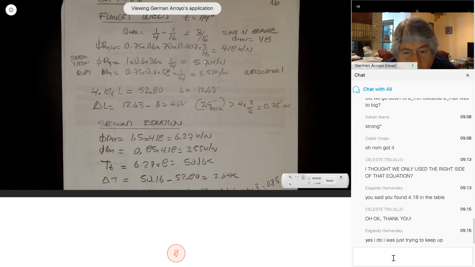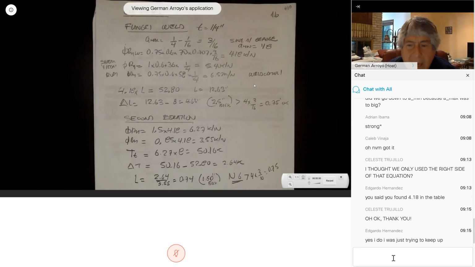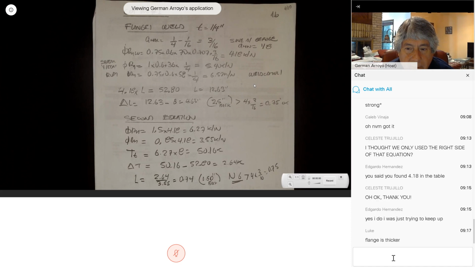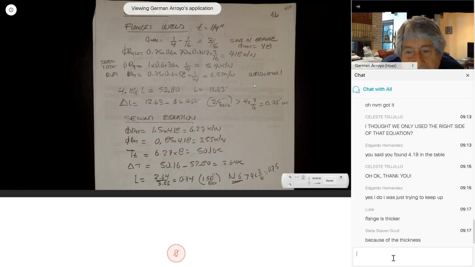Why did I not do the shear yielding and the shear rupture for the flange? Anybody? The flange is thicker and also a stronger material, right?